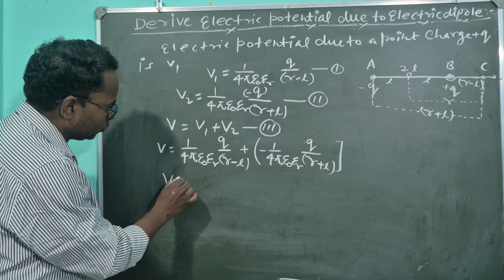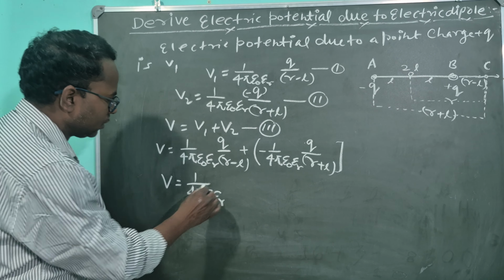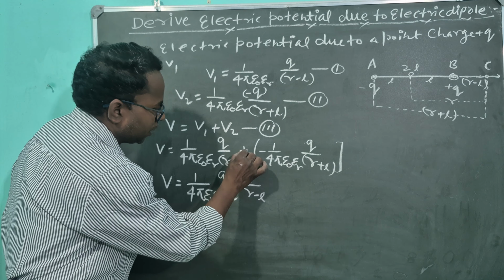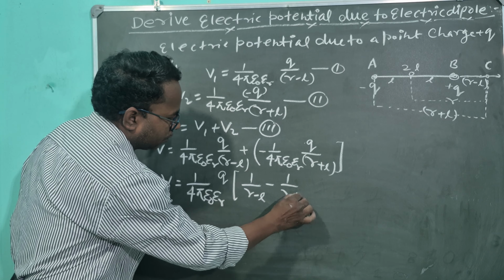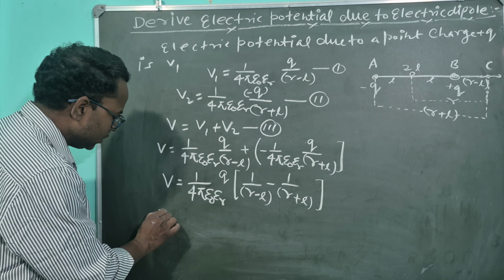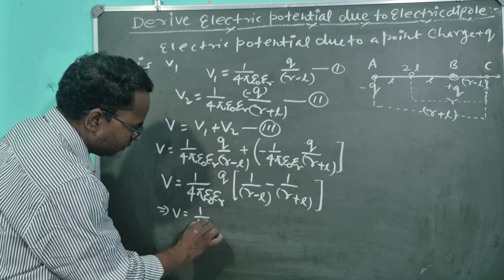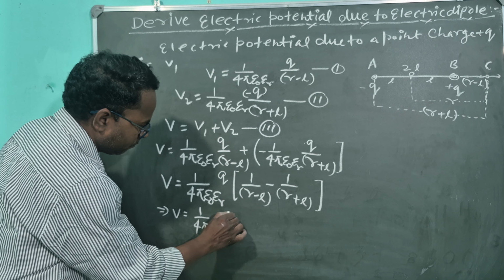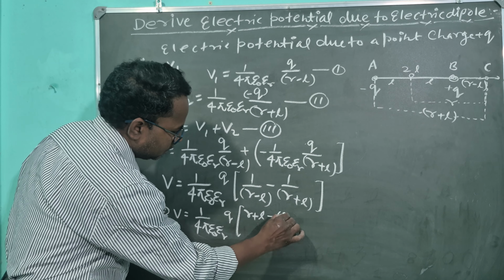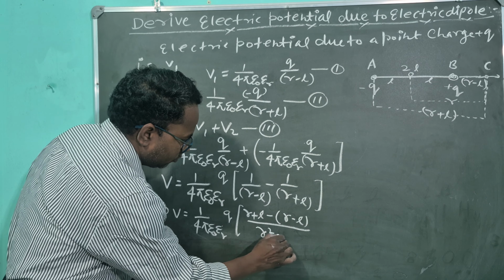Then V is equal to 1 upon 4 pi epsilon naught epsilon r, Q times 1 upon R minus L minus 1 upon R plus L. Then V is equal to 1 upon 4 pi epsilon naught epsilon r, Q times R plus L minus R minus L, upon R square minus L square.